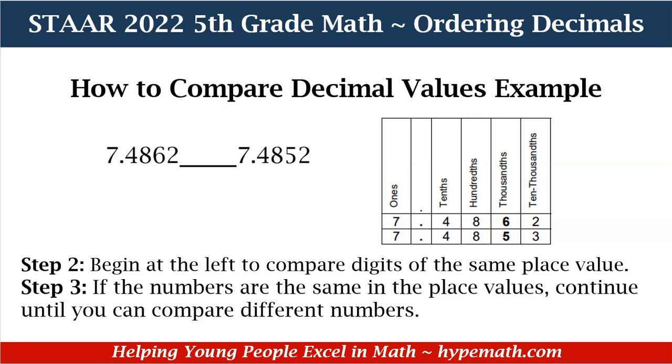So starting at the left-hand side for the ones place, we see that we do have the same value for the ones place, which is the 7. Now we're going to move to the tens place. In the tens place, we have 4s for both of the numbers. Now we're going to move to the right to the hundreds place.